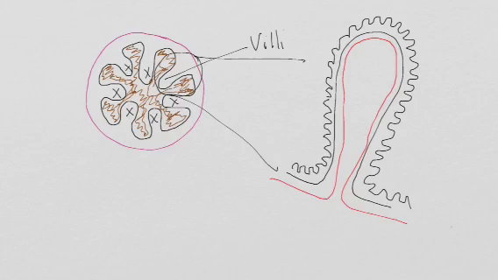And what ends up happening is, if we look at the surface area of this, remember this is my tube right here. If I was to lay this out, the tube is this long, let's say. That's the absorbable surface area. But with the villi, the tube ends up being this long. So from here to here of absorbable surface.